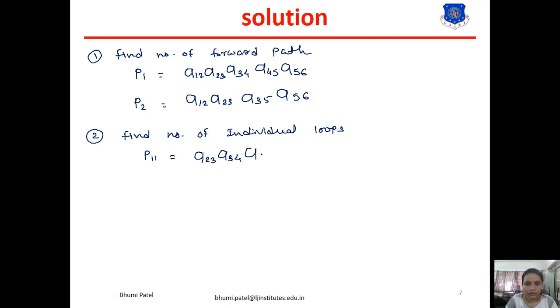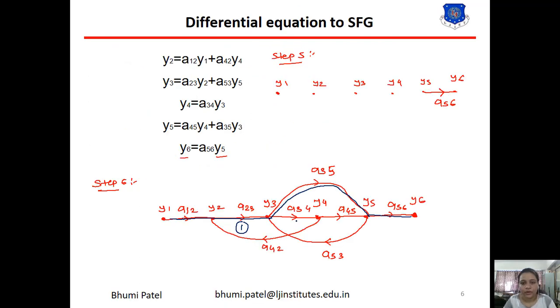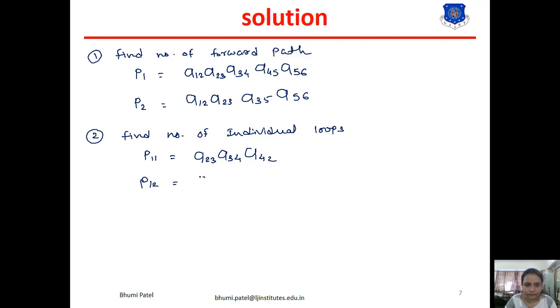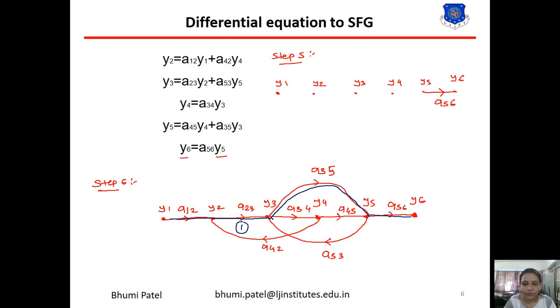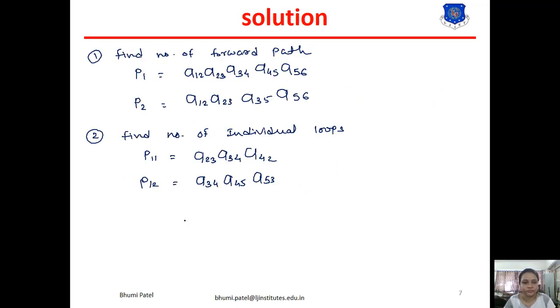And the second loop is a34, a45 and a53. And the third loop is a35 and a53. So P13 is equal to a35, a53.